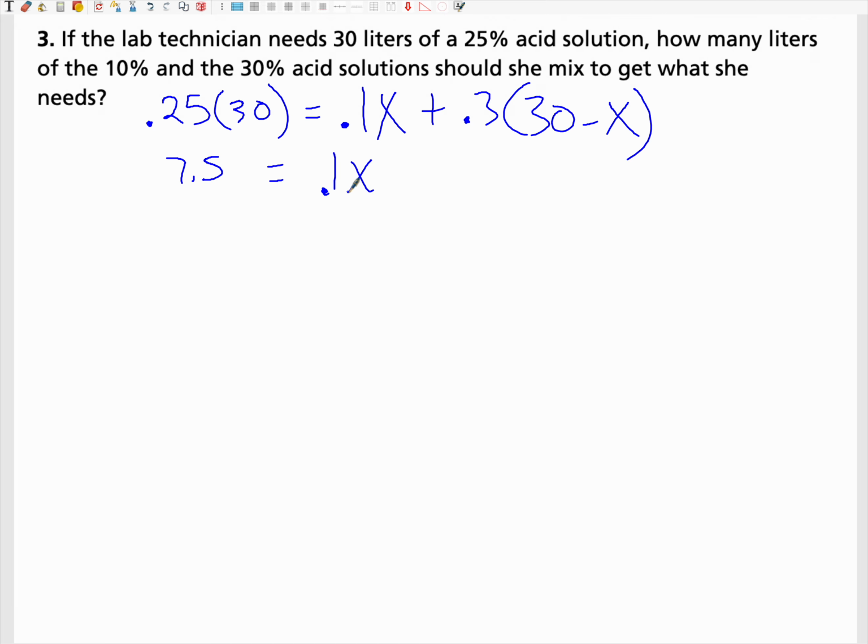0.1x plus, is that 9? Minus 0.3x? 3 times 30 would be 90, so plus 9 minus 0.3x, like that, right?